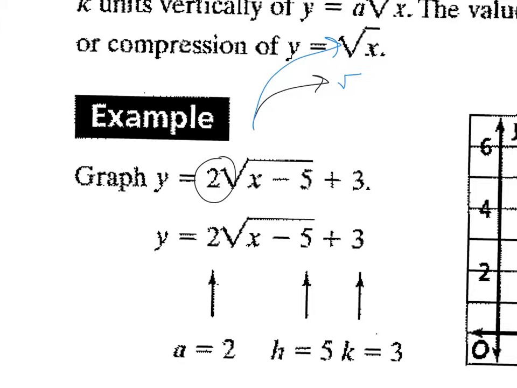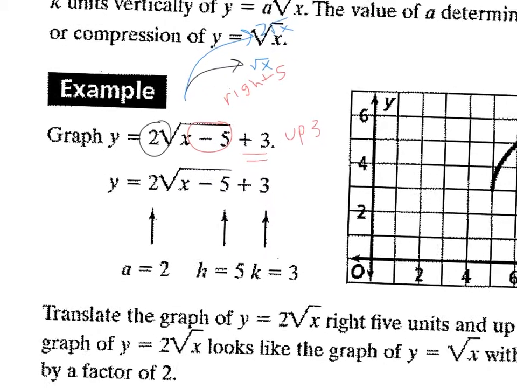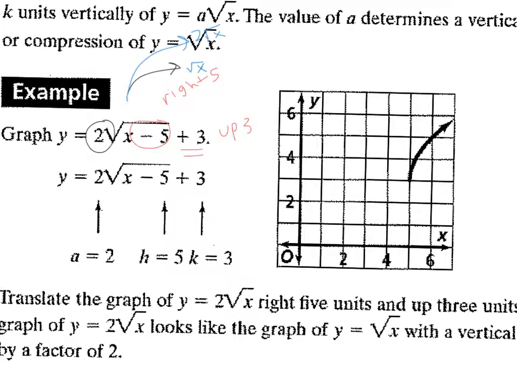So if this would be the square root of x, this would be 2 square root of x, because you're taking whatever you get for the square root of x and then multiplying it by 2, so it's going to be up a little higher. And then this means that you're going to go right 5 units, and this means you're going to go up 3 units. So let's look at this graph over here. So I went right 5 because of this, up 3, and it's stretched out vertically, and it's opening up.